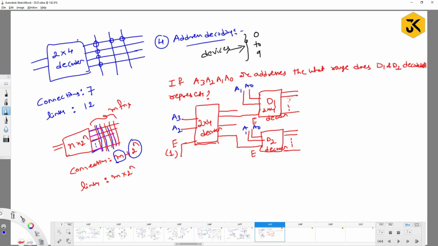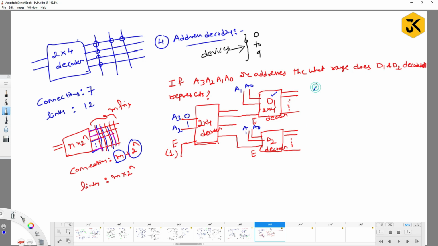Now, in order to get the output of D1, what do you have to do? What might be the values of A3 and A2? Can I take it as 0 and 1? If I take 0 and 1, the respective D1 circuit is going to be enabled.